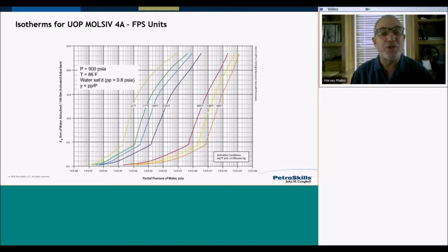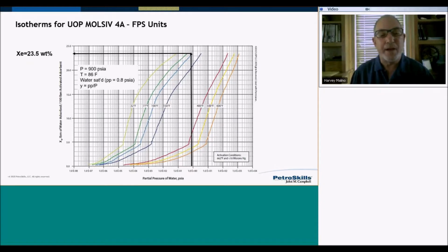You can figure out what's going on with the isotherms with this particular example. You come in at the 0.8 psi, you go up to your adsorption temperature of 86 degrees, and you find an equilibrium loading of 23.5 weight percent. That means that when the molecular sieve is brand new, it can hold a maximum of 23.5 weight percent of water.